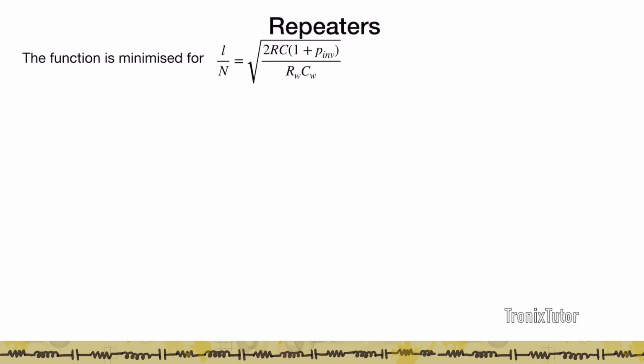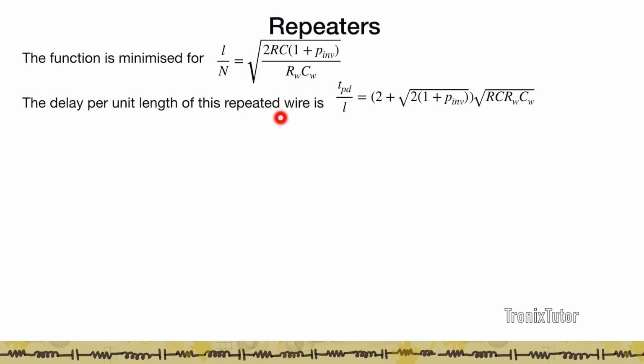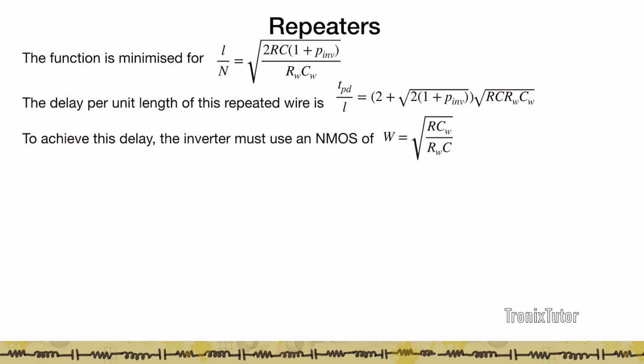So when you minimize that function, what you get is that the optimal L by N is given by this ratio, and for such a ratio the delay of the wire per unit length is given in this format, which means that to achieve this delay the inverter might use an NMOS whose width is given by this ratio of square root of R by C into Cw by Rw.